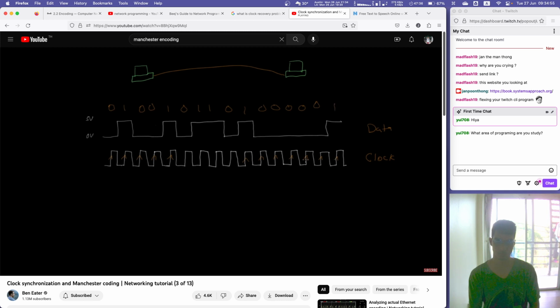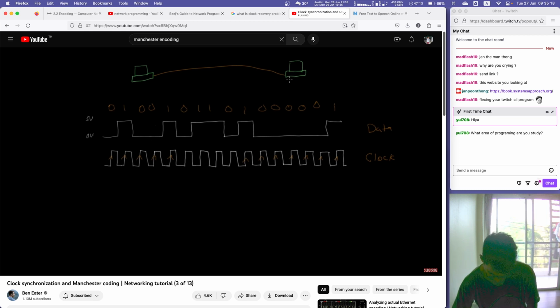And as long as we keep track of these transitions, we know exactly how many zeros we have, no matter how long this stretch of data is, as long as we have this clock. But the important thing is that both sides of this link agree on the same clock, so that the computer that is sending this data is using the same clock rate as the computer that's receiving it.